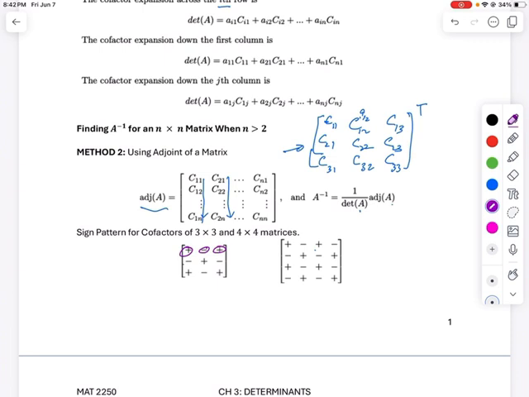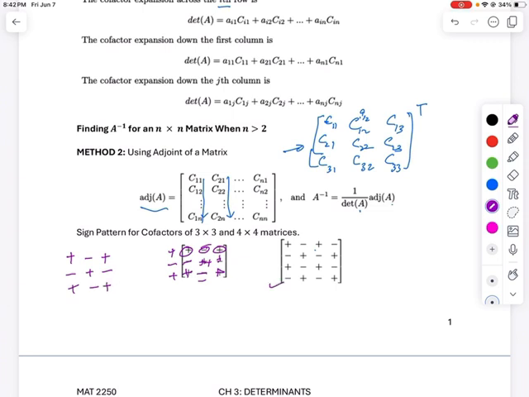Actually, we can continue here as well. Negative, positive, negative, positive, negative, positive. Or you can go in any way. We could have started from here, positive, negative, positive, negative, positive, negative, and then go down. Or you can go like this, positive, negative, positive, negative, positive, negative, positive, negative, positive.